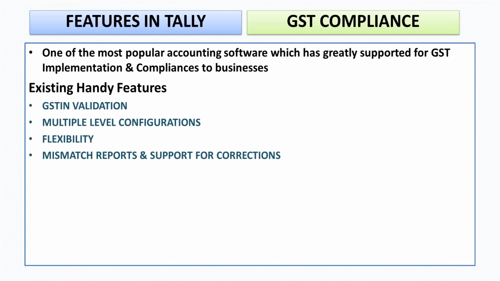So it has the feature of GSTIN validation, and it allows multiple level configurations, be it for stock or ledgers. Either I can do it at the company level, group level, ledger level, or stock item level. It allows me that flexibility of multiple level configurations.